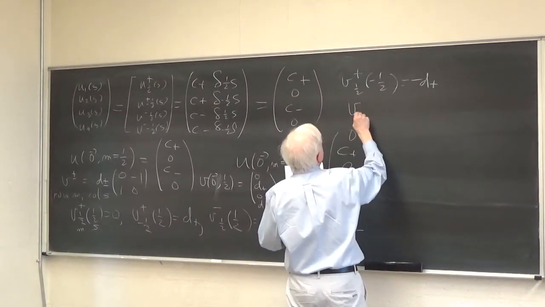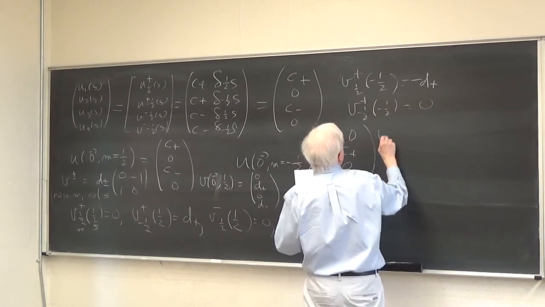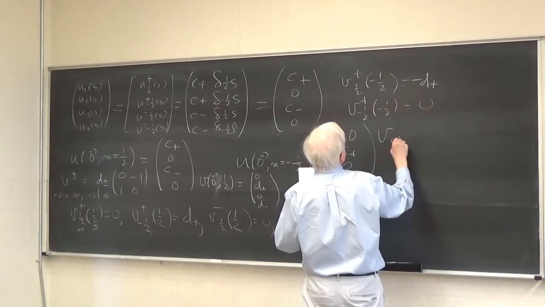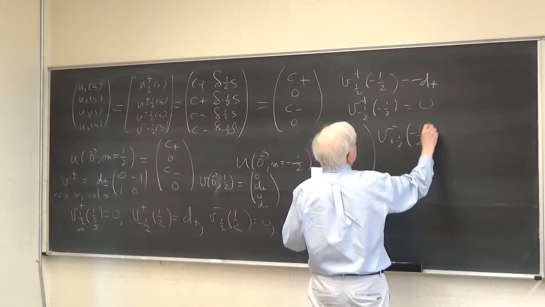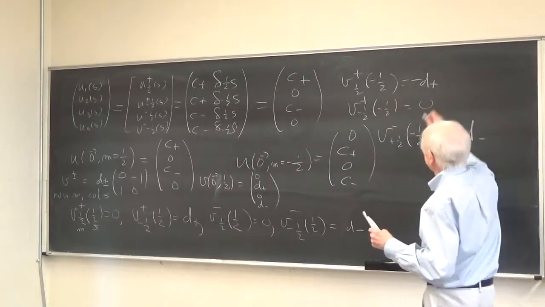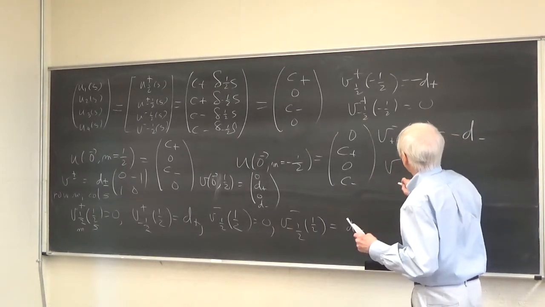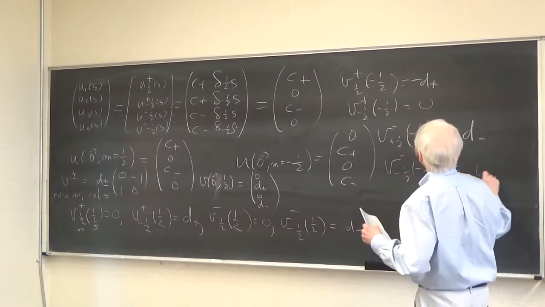V minus 1/2 plus or minus 1/2, that's 0. V plus 1/2 minus 1/2, so this would be minus D minus. It's the same logic as here, but minus, and V minus 1/2 minus 1/2 is 0.